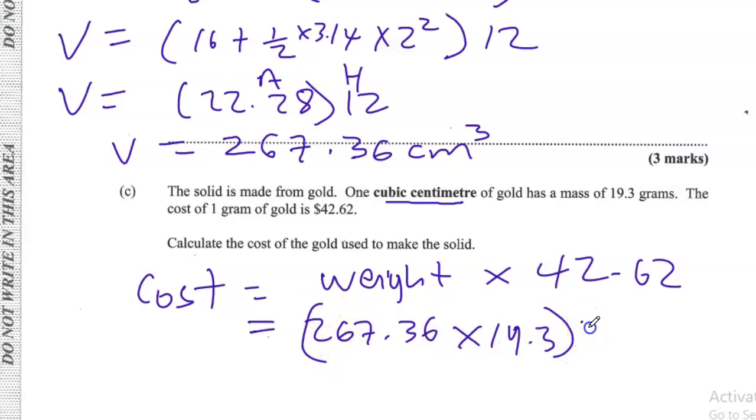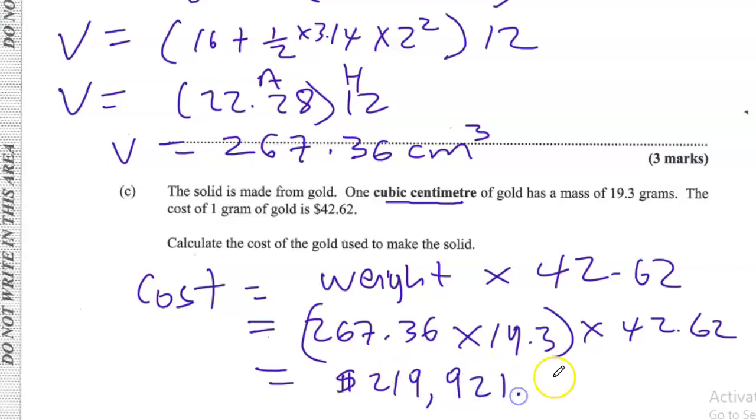Alright? Times the cost of a gram, $42.62. So we multiply these three values, we end up with $219,921.25.